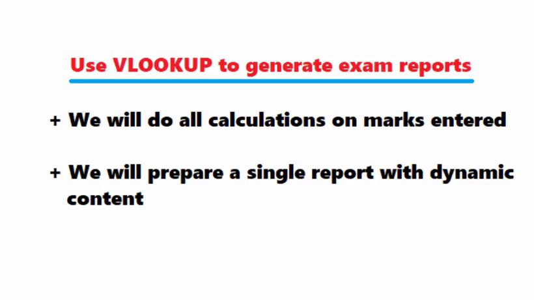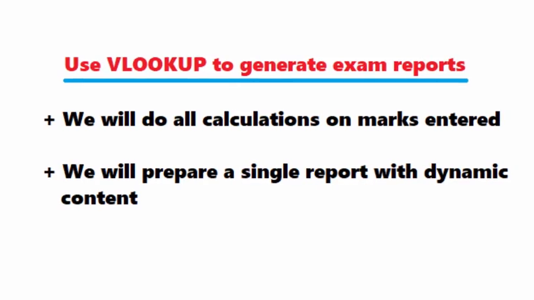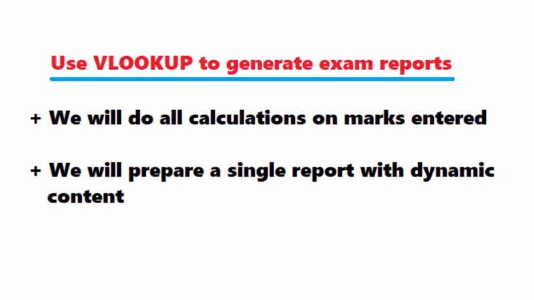Today we want to see how VLOOKUP is a very important tool, especially if you want to select specific information from a long list of data. For example, you have a list of students who have done exams, and there are several rows.